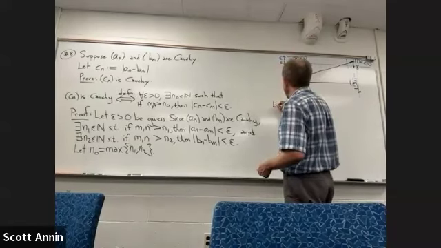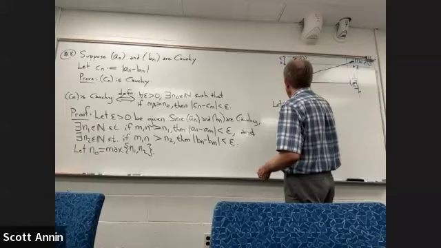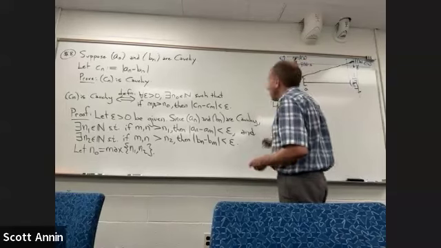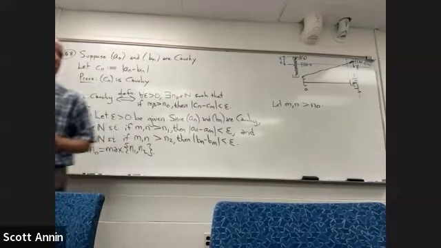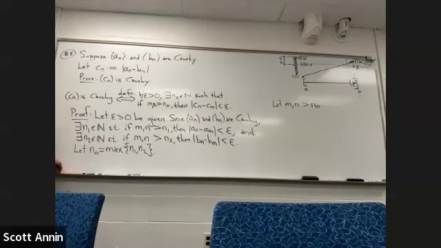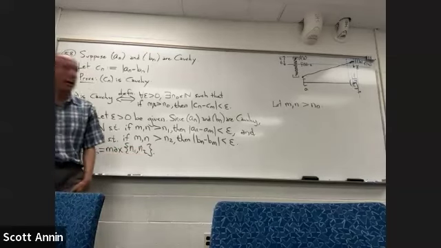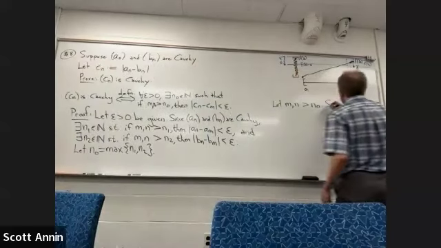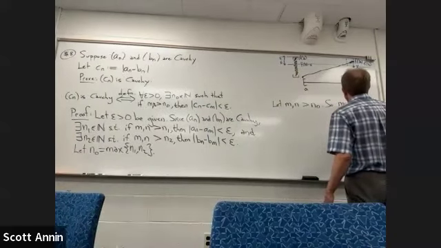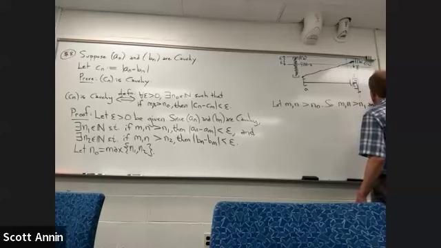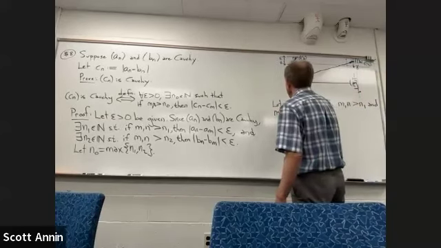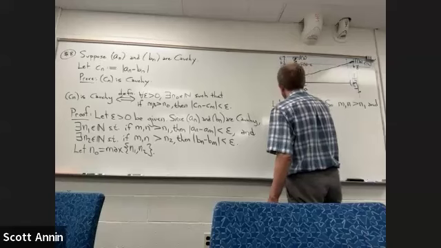So what I'm gonna do is let m and n be greater than this n naught. And because they're greater than n naught, it means that they're actually greater than both n1 and n2, right? So m and n are greater than n1, and m and n are greater than n2.